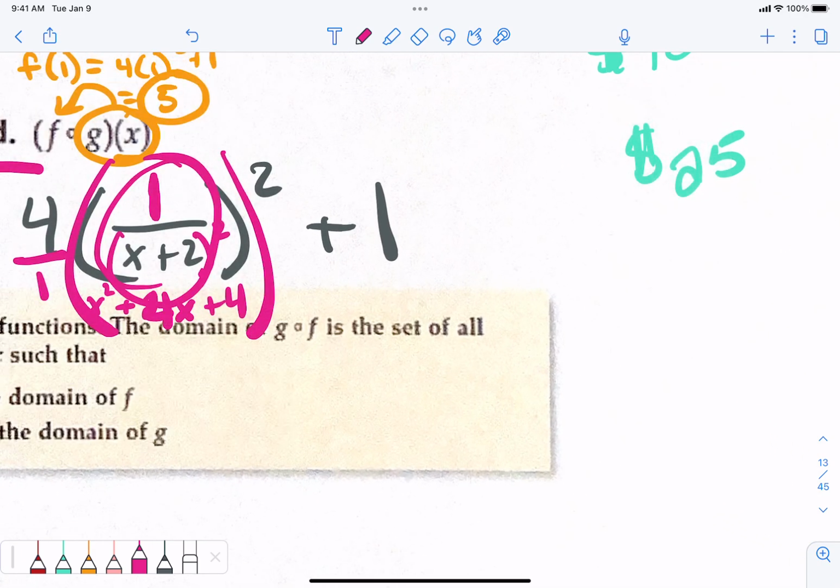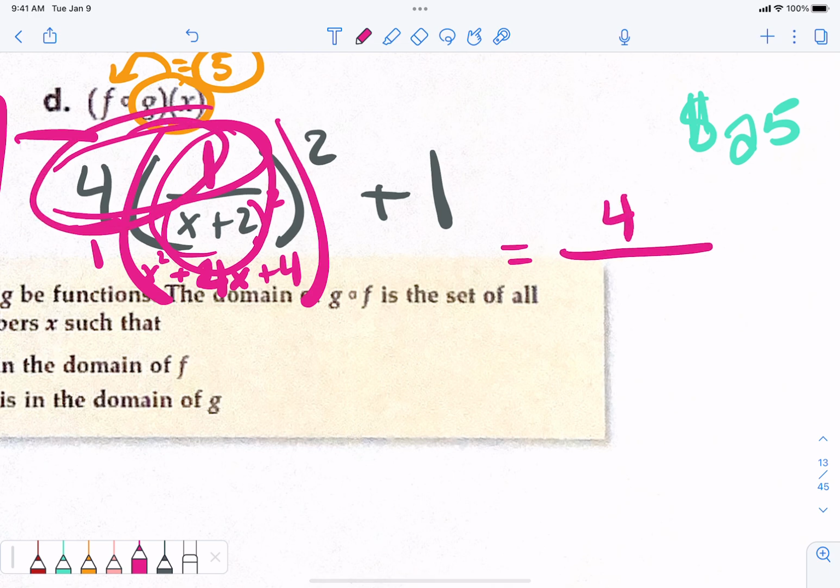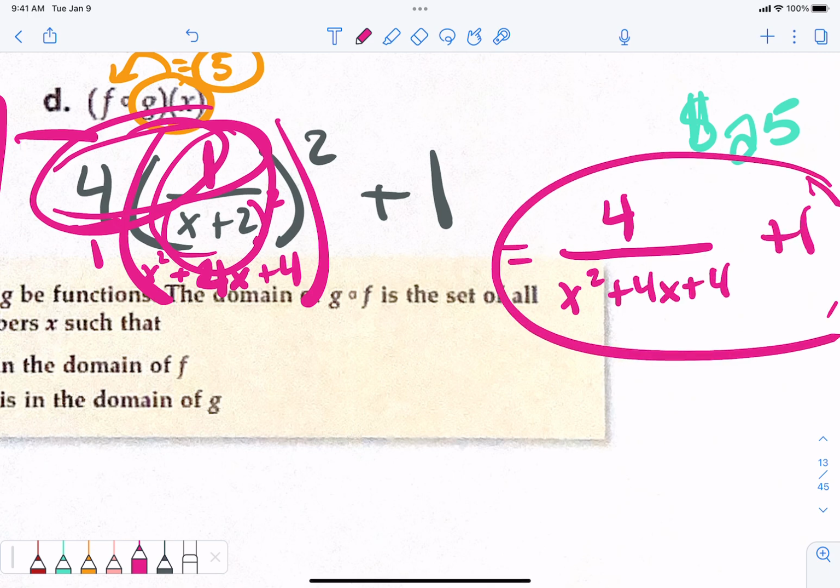So how can I put those two together? If I multiply the tops, 4 times 1 on the top is 4, and the bottom is just that x squared plus 4x plus 4. And then I'm going to put plus 1 on the end, and I'm going to leave it like that because I don't want to do anything more.